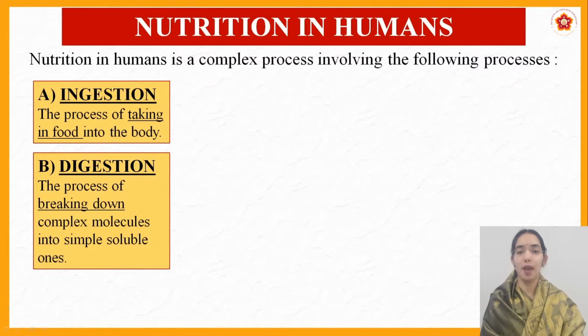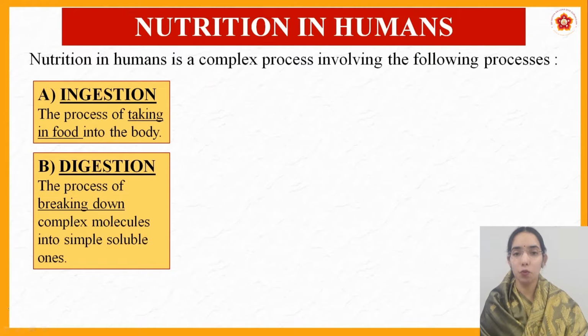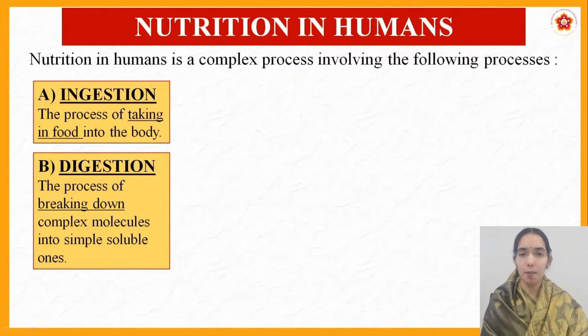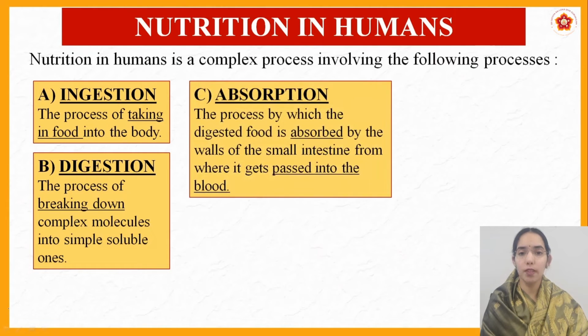First of all, we have taken in the food, and that process of taking in food is known as ingestion. Then the food goes into the stomach, then the small intestine, and over here the second process occurs, and that is digestion. Then once the food is digested, the food is absorbed.